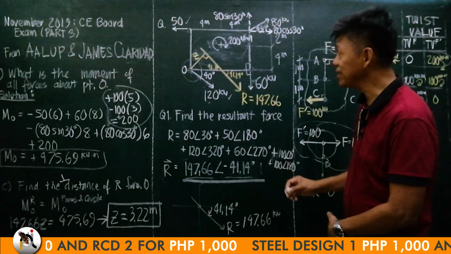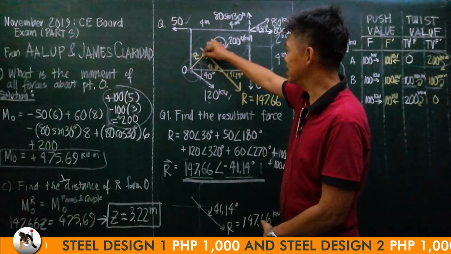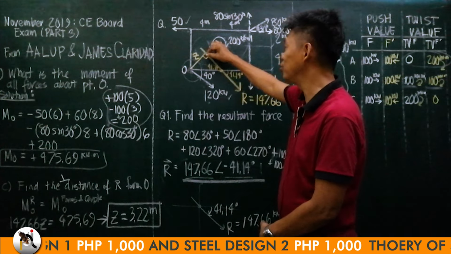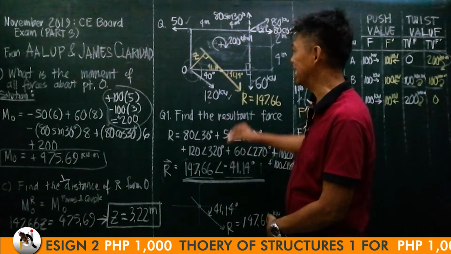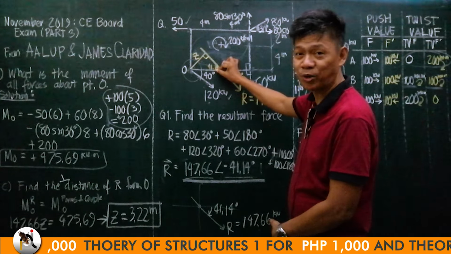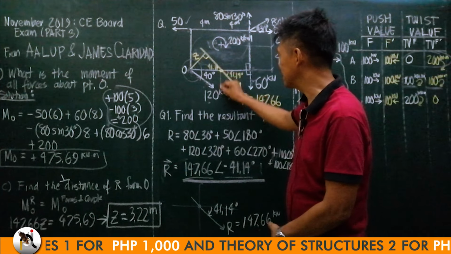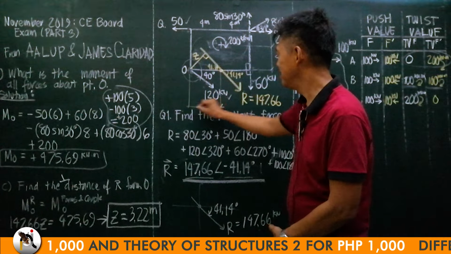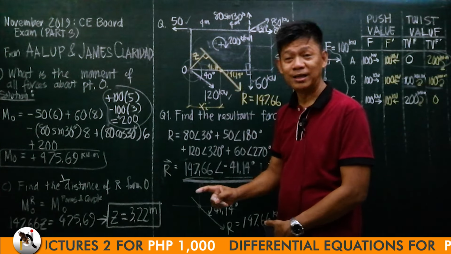So if you are interested in the x-intercept, this one, since this is a right angle, all you need to do is take the sine of theta. Sine of 41.14 equals Z over this x-intercept. So that will enable you to solve the x-intercept.